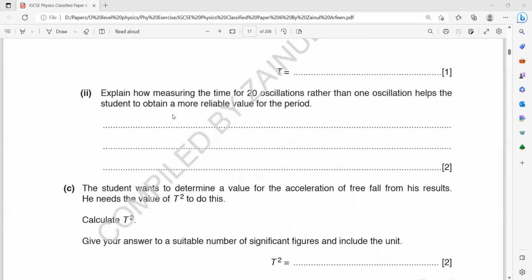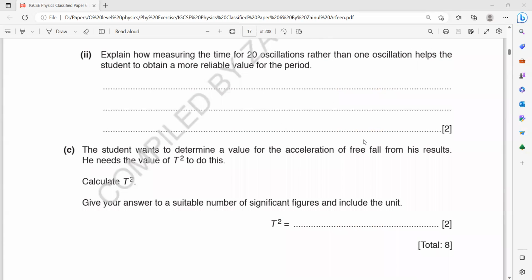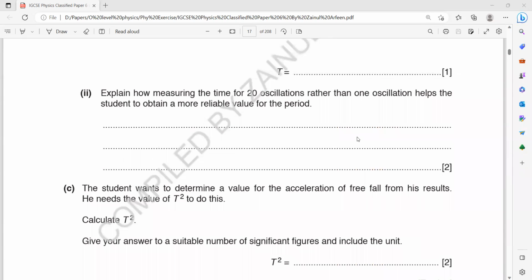Then explain how measuring the time for 20 oscillations rather than one oscillation helps the student. If we measure the time for 20 oscillations, that will be more accurate compared to one oscillation. The idea is that we'll have an average time.